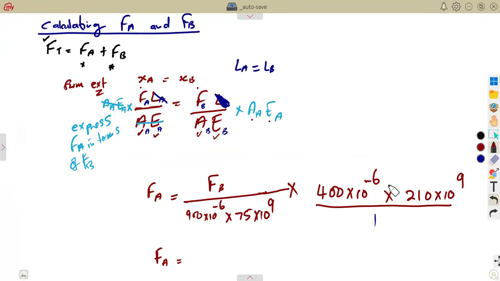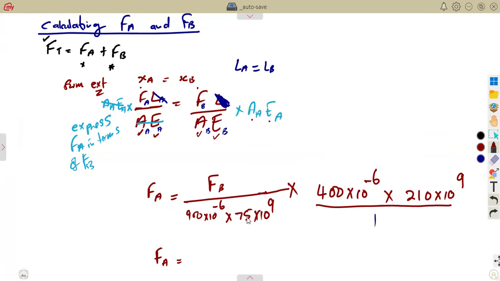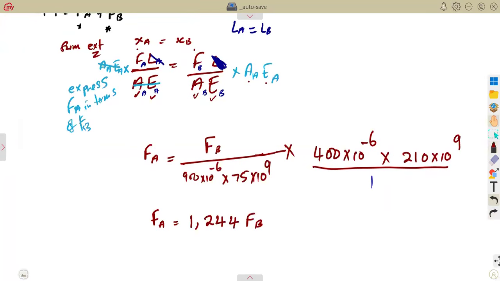This is going to give us a single number, which is 1,244, times FB. Please simplify this properly on your calculator. So with this, we can see that we have written FA in terms of FB.